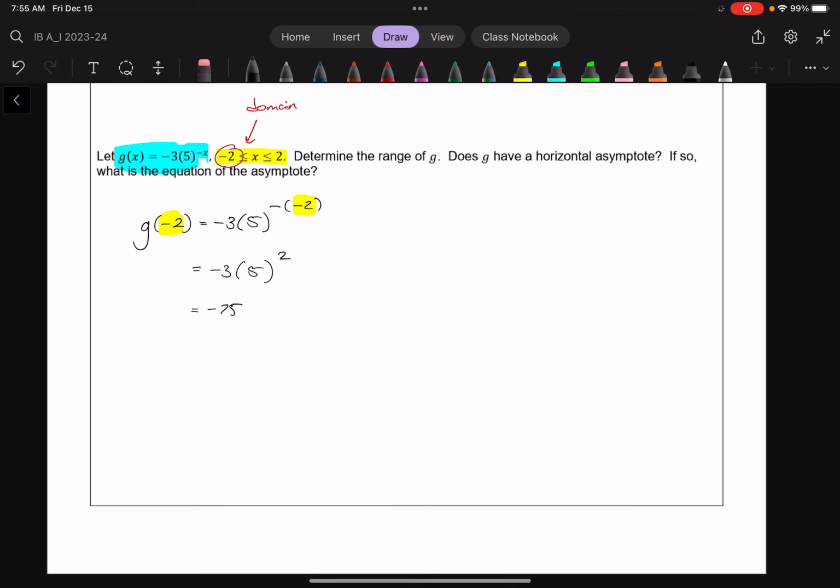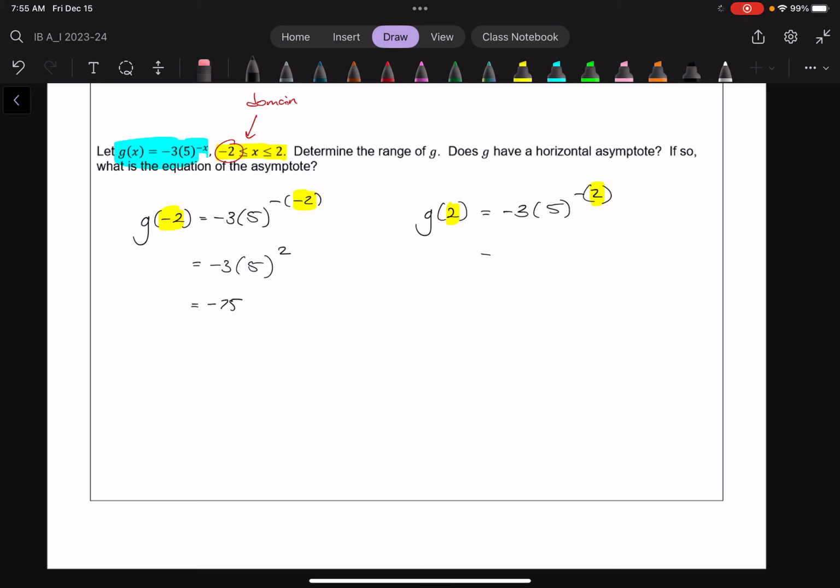And so let's do the same idea for positive 2. This is where my function is going to end. Keep in mind, if there was no restriction, this function would have no beginning and end. The domain would be all real numbers. And so negative 3 times 5 to the negative, now it's positive 2.